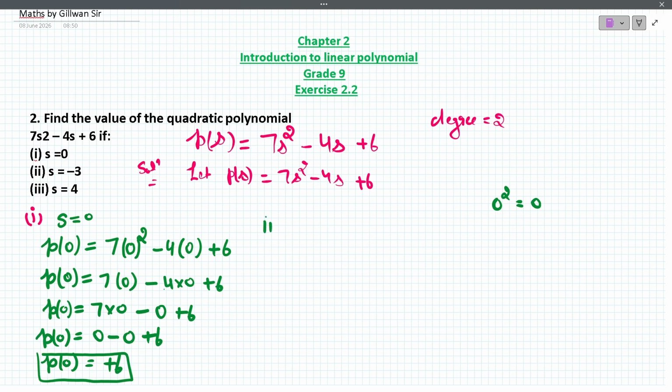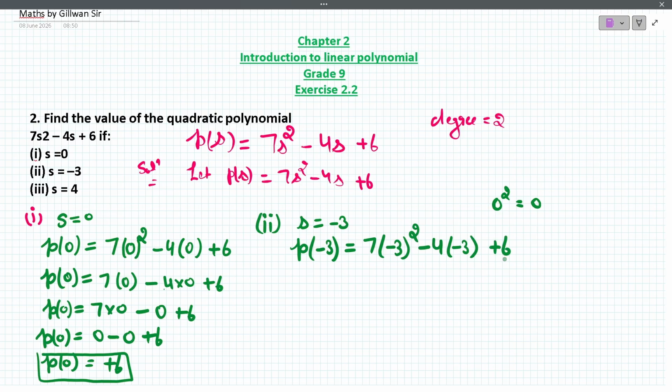Now the second part, s equals minus 3. P of minus 3, we will substitute minus 3 in place of s everywhere. Now look at the question. We have substituted the value of s in brackets in the given polynomial at every position.